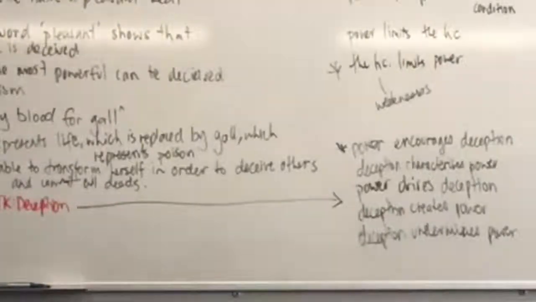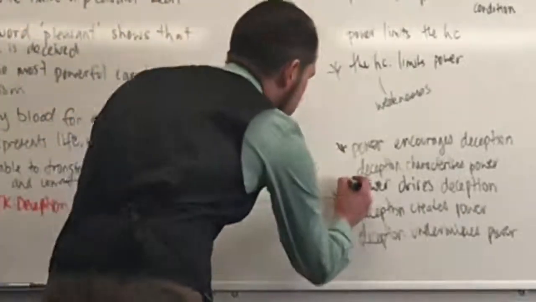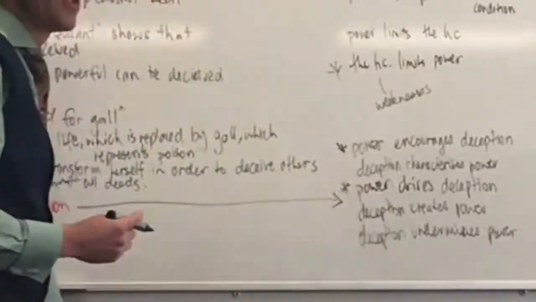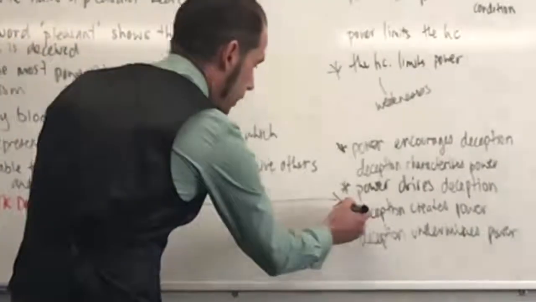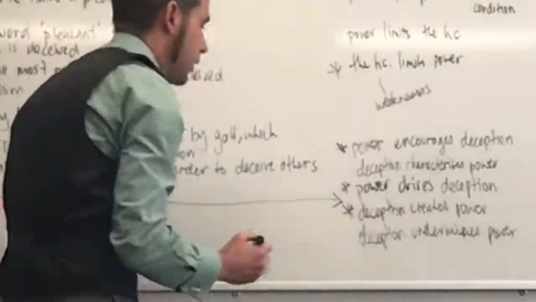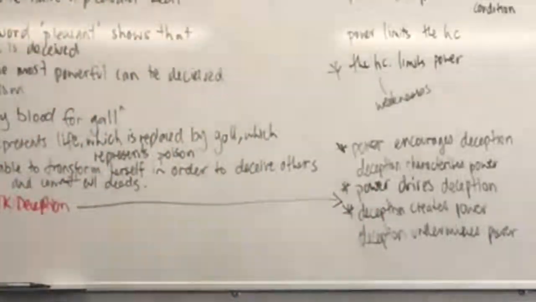Well, yes, but not always, and I don't think that's the main focus of these examples. Power drives deception. I think that could work because it's really Lady Macbeth's desire for power that drives her deception, and that would work for both examples there. Deception creates power. I think that is possible, that would work too. Deception undermines power. I think that works for the first one, but maybe not so much the second one.